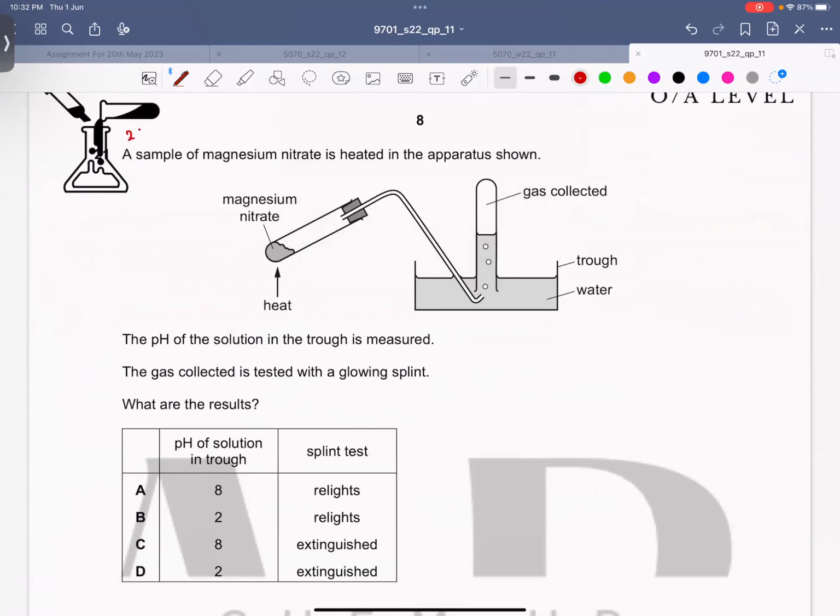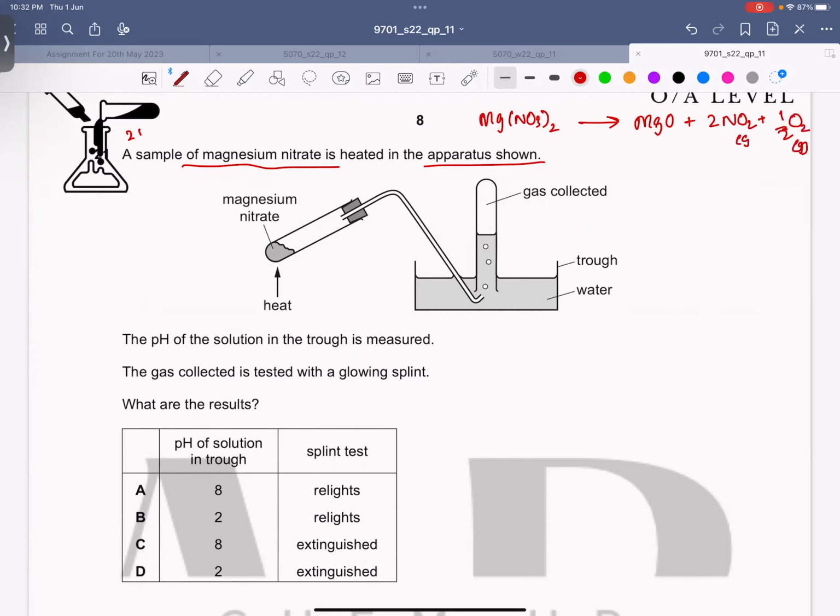Question number 21. A sample of magnesium nitrate is heated in the apparatus shown. So when we heat magnesium nitrate, which reaction would occur on decomposition? It would give you magnesium oxide, 2 moles of nitrogen dioxide, and half a mole of oxygen.